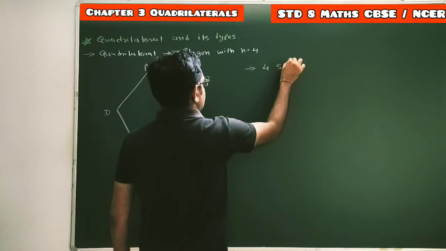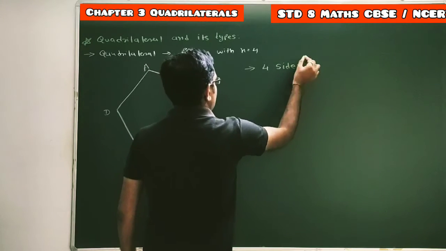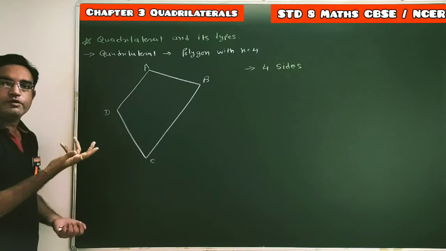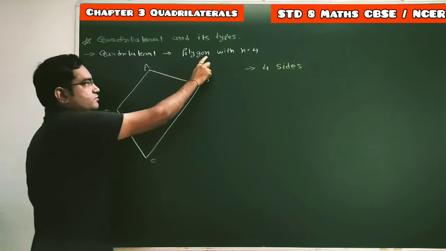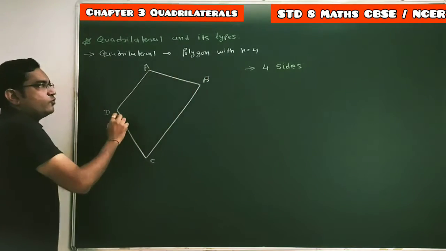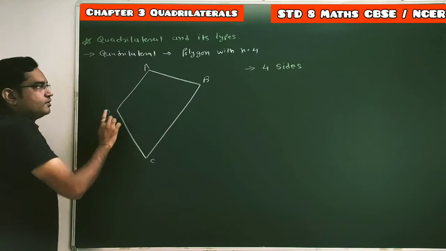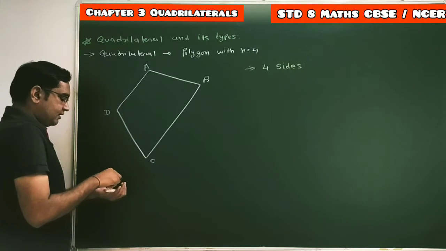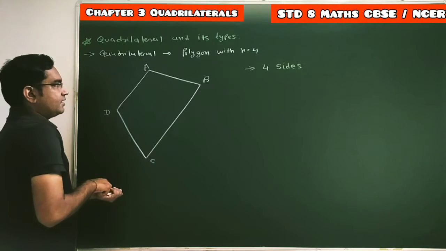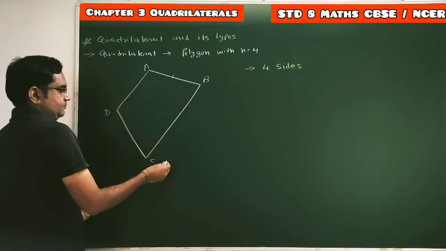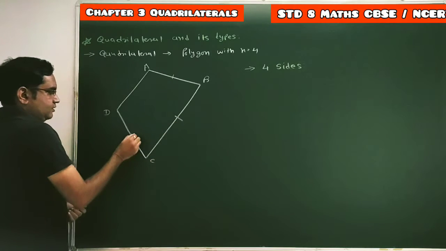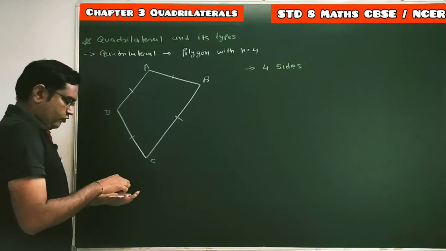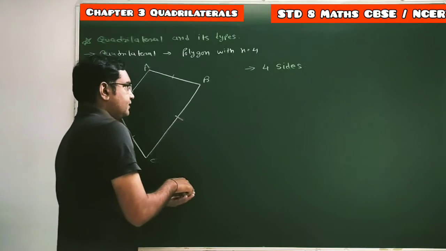A quadrilateral is the special type of polygon in which the number of sides is 4. In this quadrilateral, the 4 sides are side AB, side BC, side CD and side DA. So 4 sides of a quadrilateral are there.